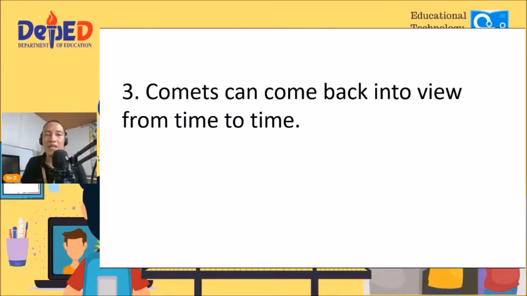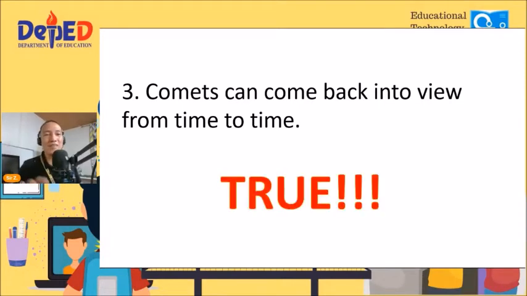Chino Jaime Samonte, very good. Para meron na tayong mga honor students dito sa comment section. Yes, that is correct. Sabi ko nga sa inyo kanina, just like Halley's Comet, after 70-something years, makikita nyo siya ulit. So that is one characteristic ng comet. They always come back. Okay? Kaya lang once in a lifetime lang yata.